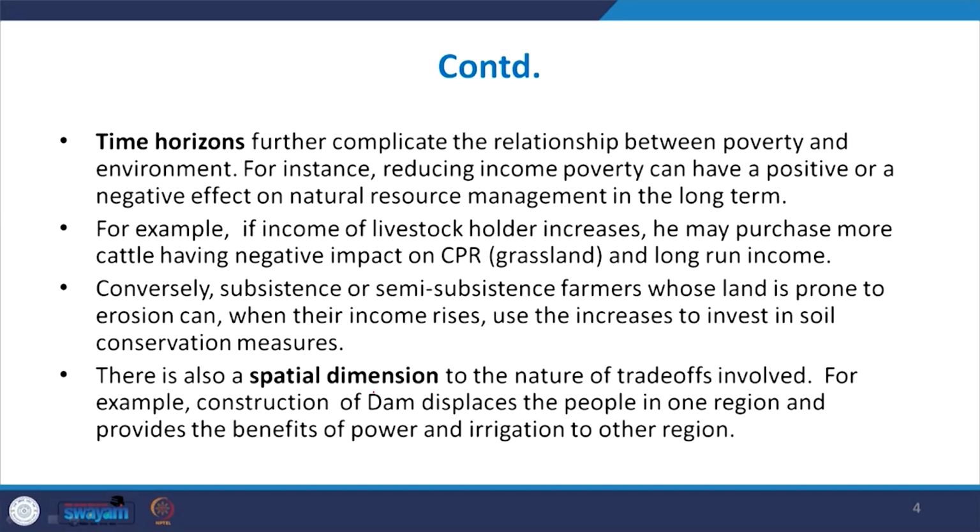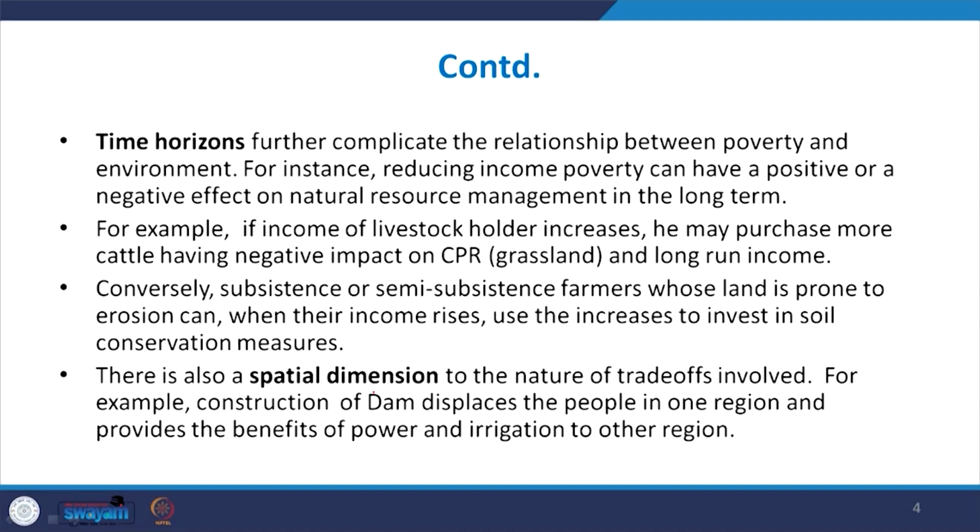Conversely, subsistence or semi subsistence farmers whose land is prone to erosion can, when their income rises, use the increase to invest in soil conservation measures.